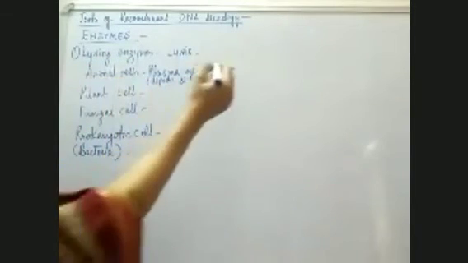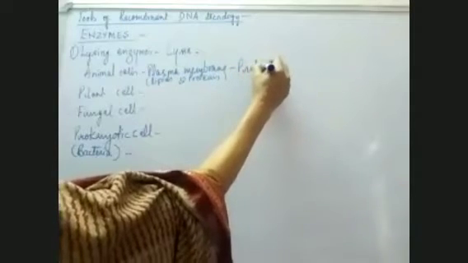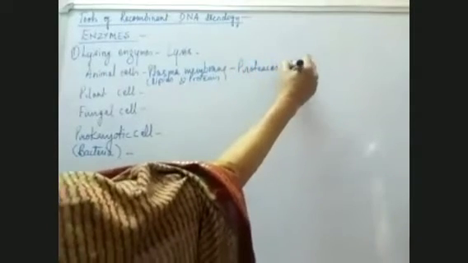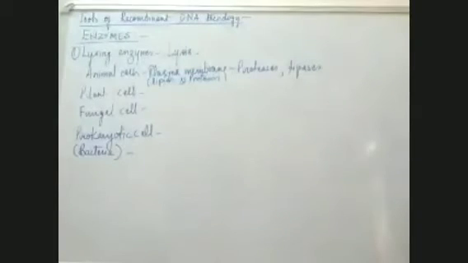So which enzymes do we need as lysing enzymes? Here in this case, we need proteases and we need lipases. These two enzymes are required to break down the plasma membrane, which is the only envelope present in the animal cell, and we'll be able to bring about the lysis of that cell to obtain the desired gene.